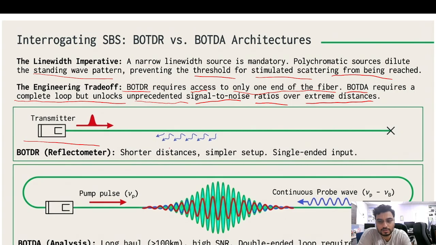This is the transmitter, and it has the reflectometer here itself. Shorter distance, simpler setup, single ended input. So from this side only the signal is going, and the scattered light is measured in the reflectometer.